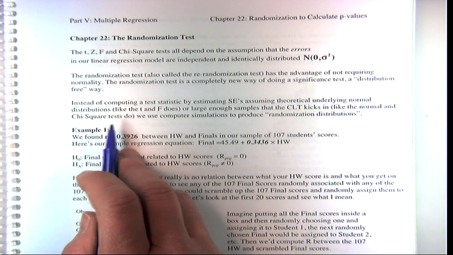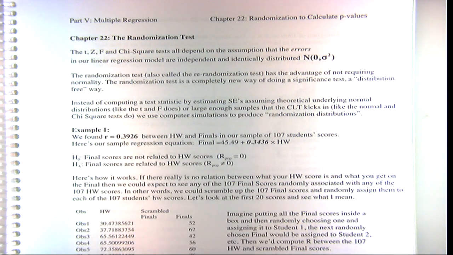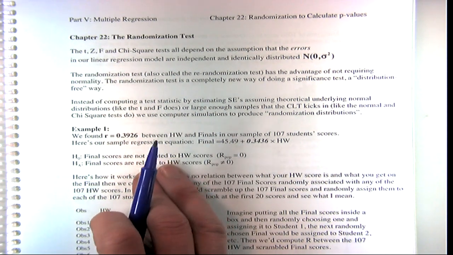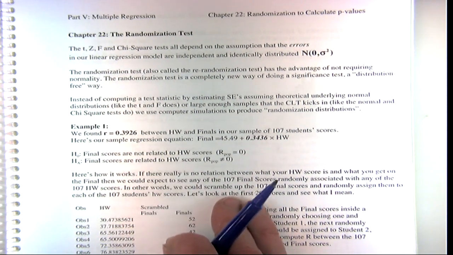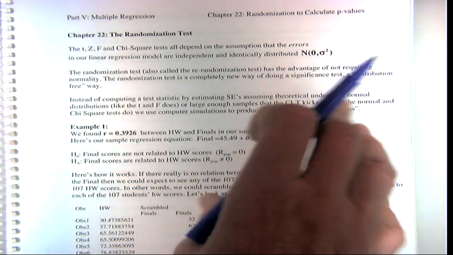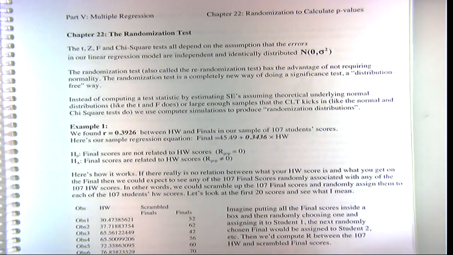So what we're going to do is, remember what the null hypothesis is. The null hypothesis is always that what we see is just due to random chance, right? So in this case, we were assuming that these 107 students and their scores were randomly sampled from a much larger population of like 2,000 or 3,000 Stat 100 students.